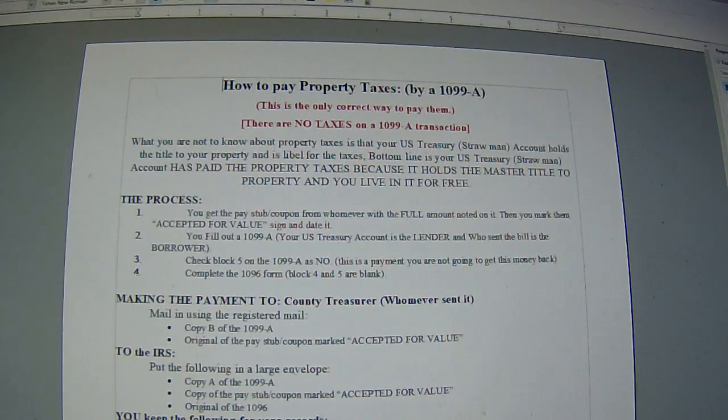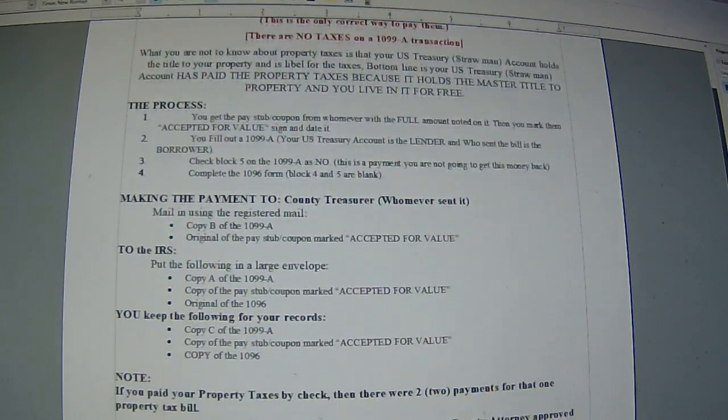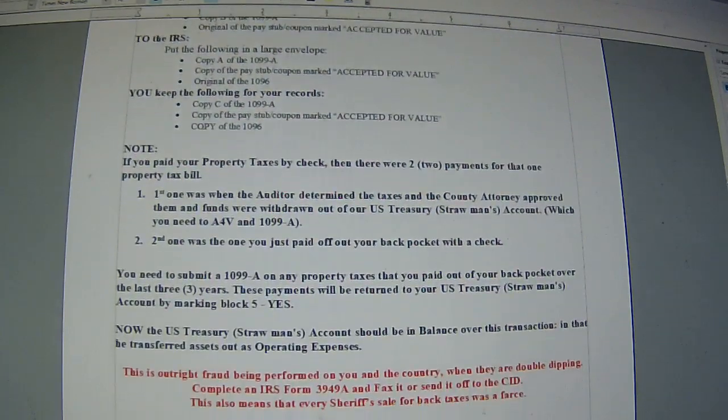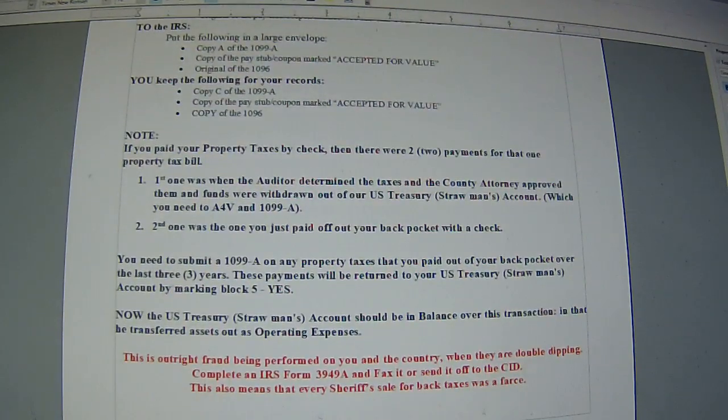I just want to go through briefly some of this to let you know how to go about getting this stuff done away with. This is outright fraud being performed on you in this country when they are double dipping. Complete an I.R.S. form 3949-A and fax it and send it off to the CID. This also means that every sheriff's sale for back taxes was an I.R.S. Okay? All right.